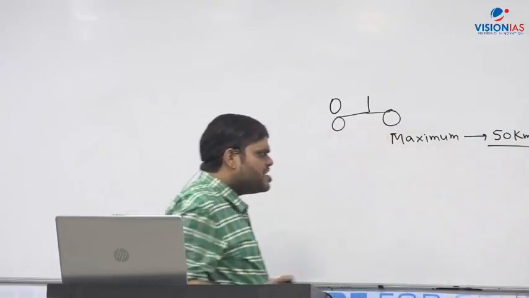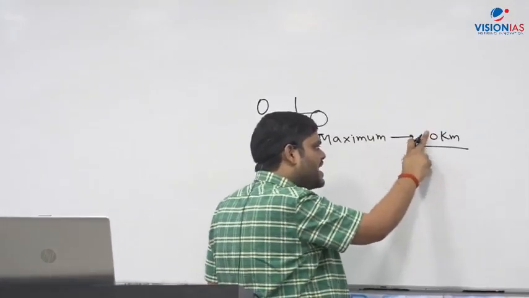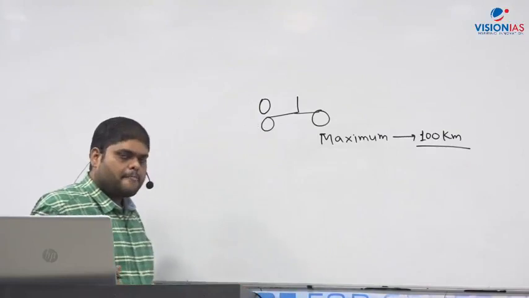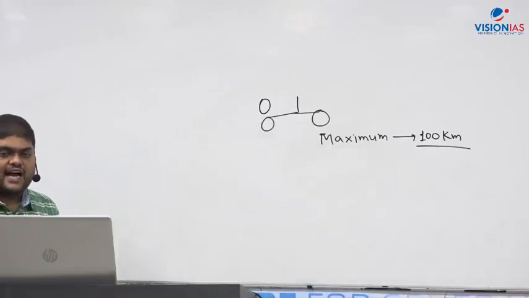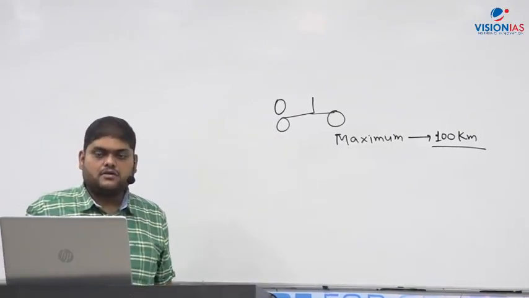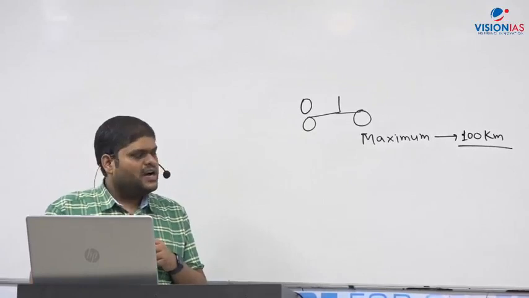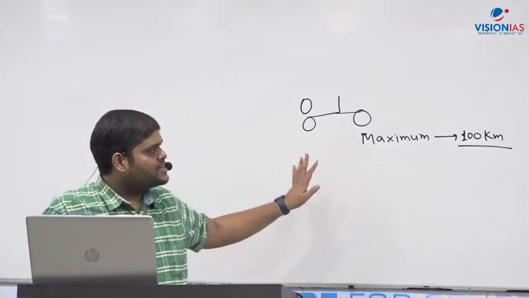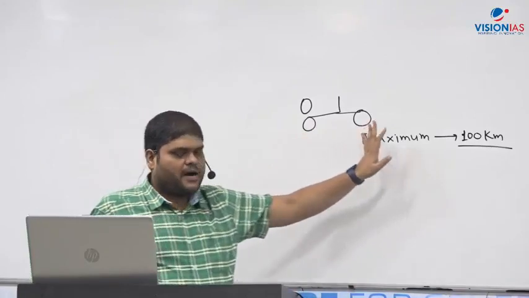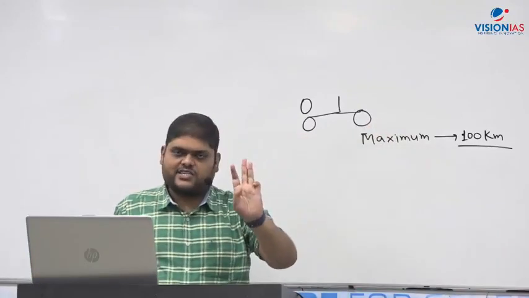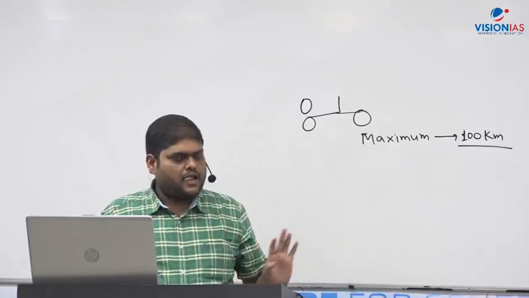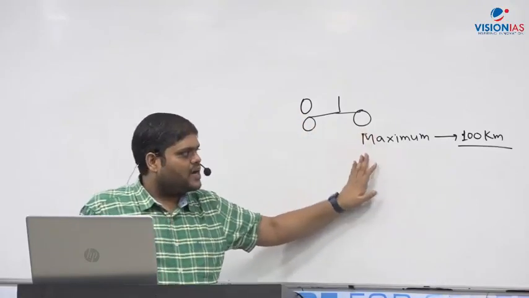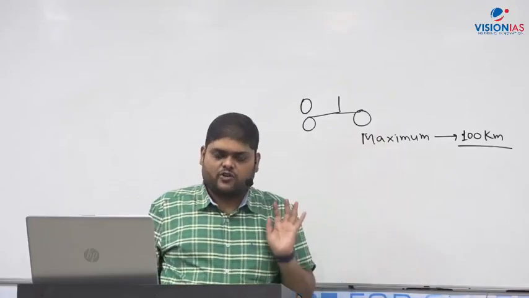Sorry, not 50, let's make it 100. By 1 tire, we can go maximum 100 kilometer. 3 tires are there in a scooter, 1 stepney plus these tires.